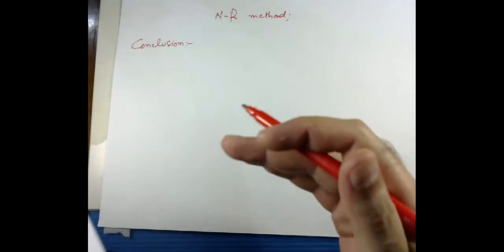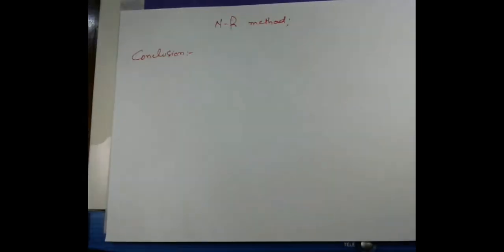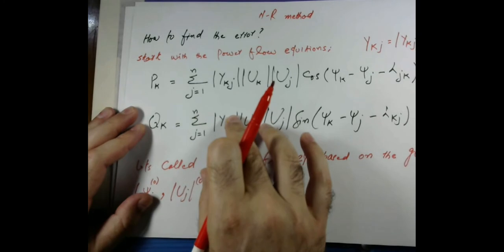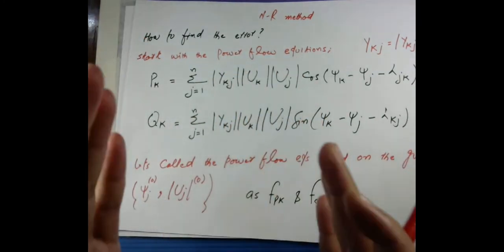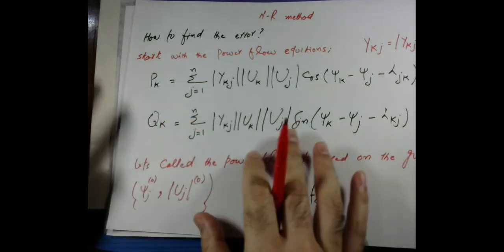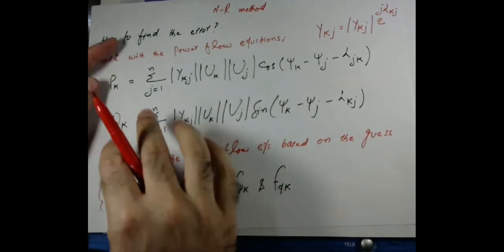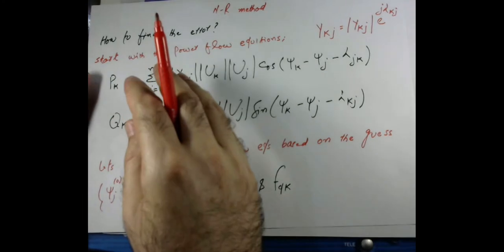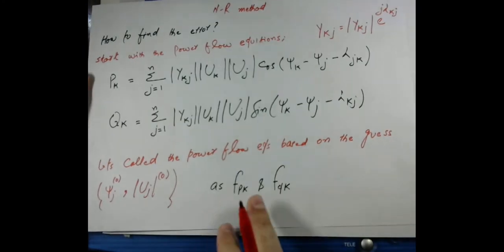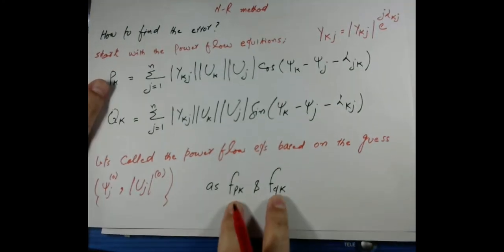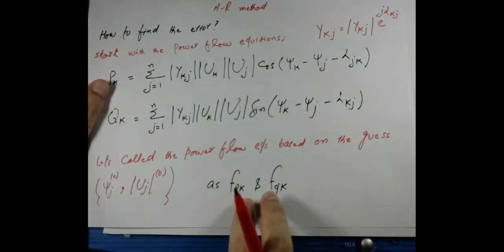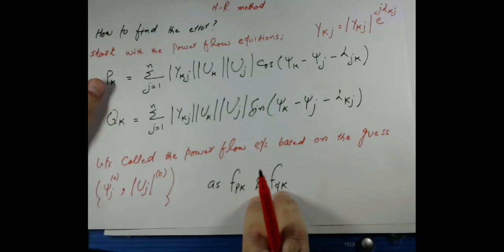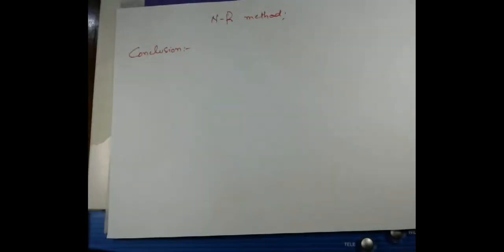For finding that error we have discussed all the steps: we write the general form of the power flow equations, and based on the first guess we write the power flow equations and represent them with these two notations.